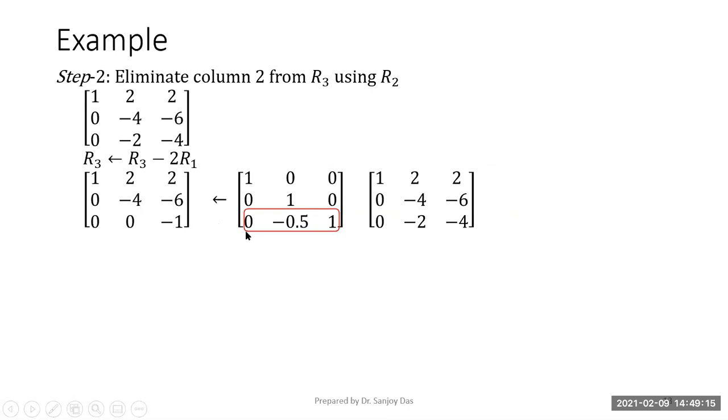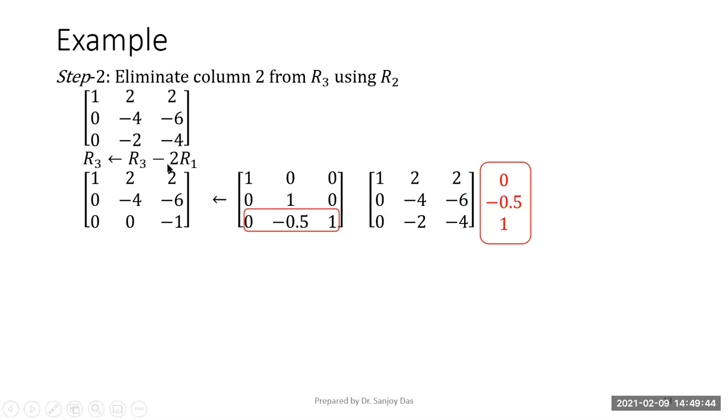Now here what I'm doing is, take row 3 here and I'll juxtapose it here. What am I doing? Let's ignore R1. R3 is getting multiplied by 1, and from that we are subtracting half of this, R2.